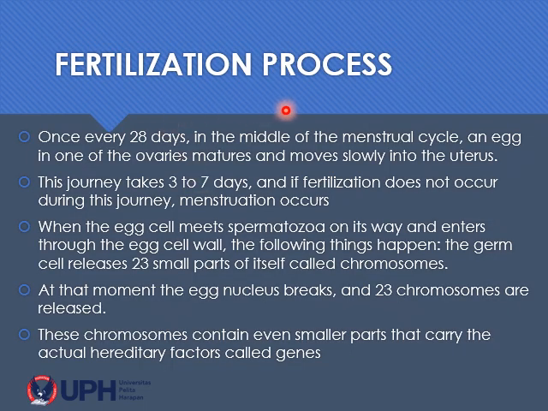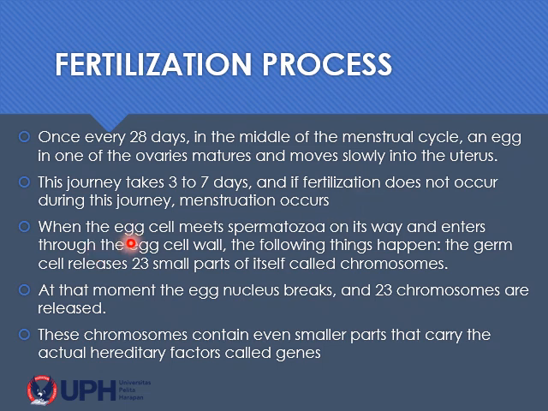The fertilization process happens once every 28 days, in the middle of the menstrual cycle. So the egg in one of the ovaries will mature and then slowly move down to the uterus. The journey takes 3 to 7 days, and if fertilization does not occur during the journey of the egg, then menstruation will happen.